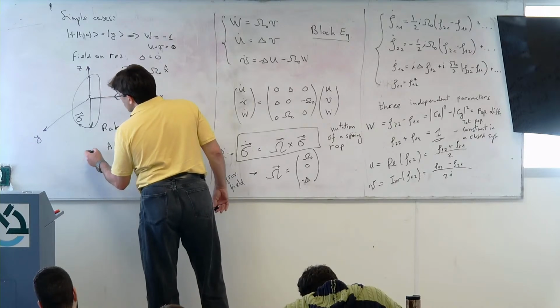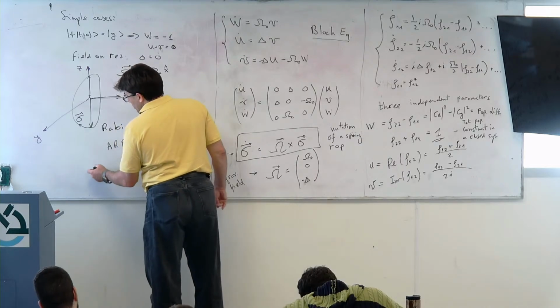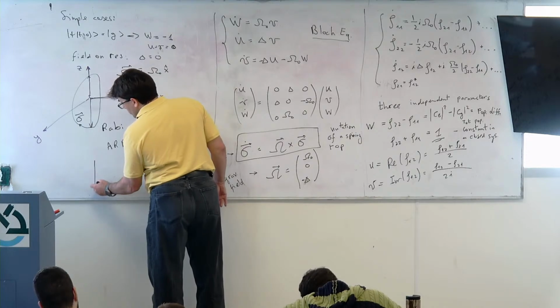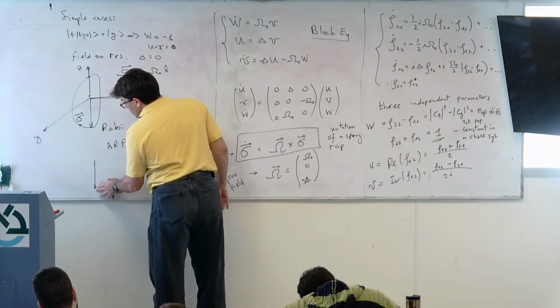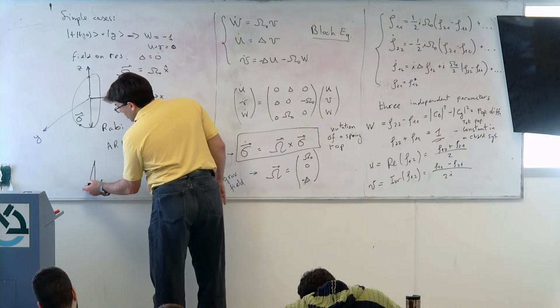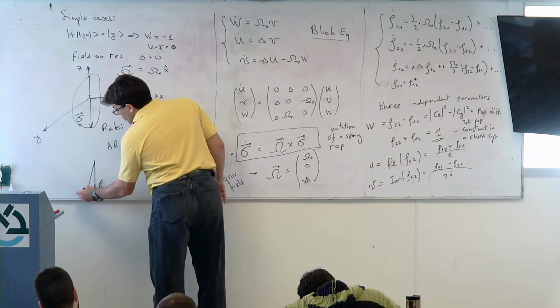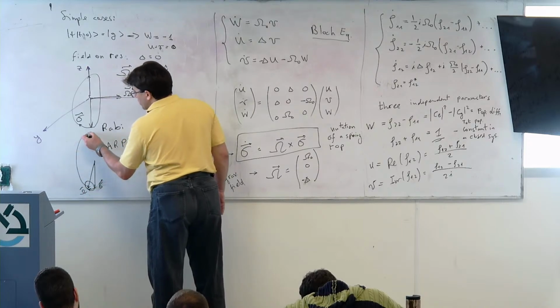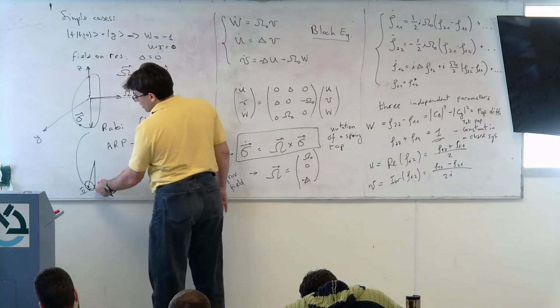That is the vector sigma, and that is the vector omega, and all we're doing is nutating around this, and then we slowly sweep the vector delta with us.